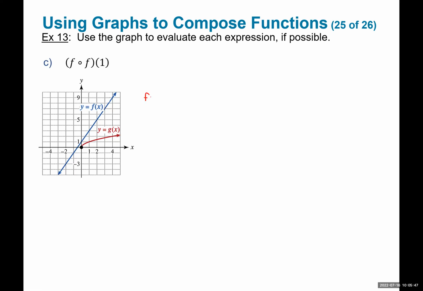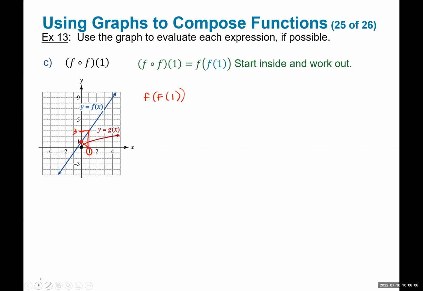Another one, f of f of 1. You're like, what? Just follow the same logic. What is f of 1? f of 1 is 1. So substitute that 1 into f again, and now we get 3. So f of 1 is 1. Then we plug in. Oh, I lied. I'm sorry, y'all.